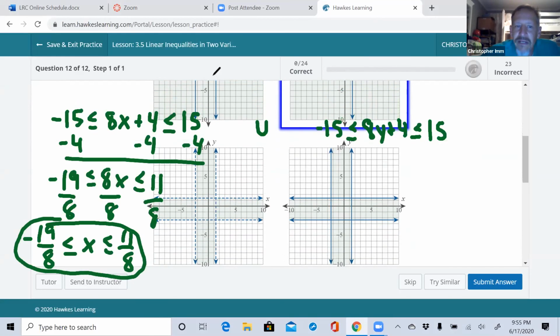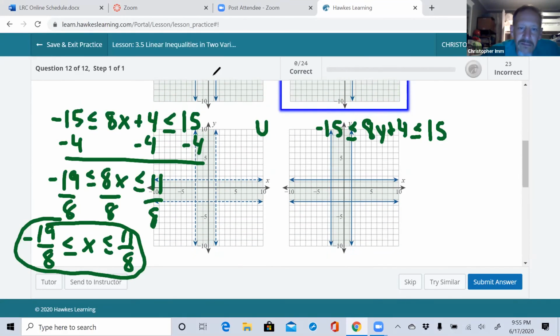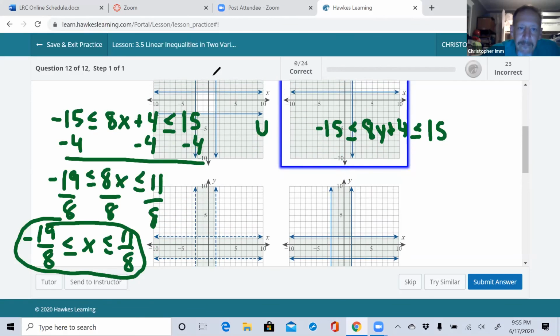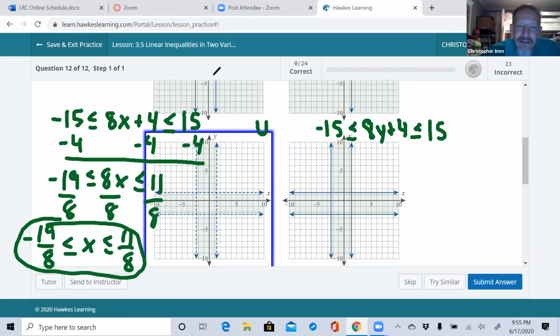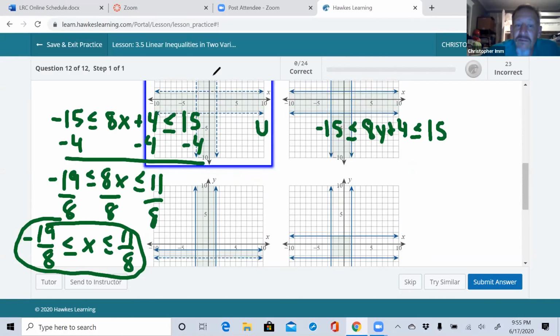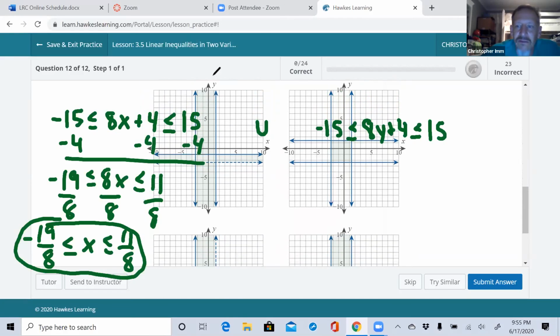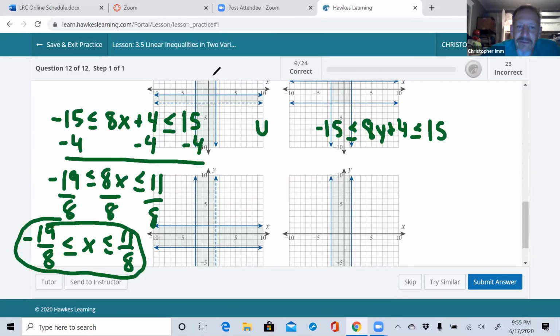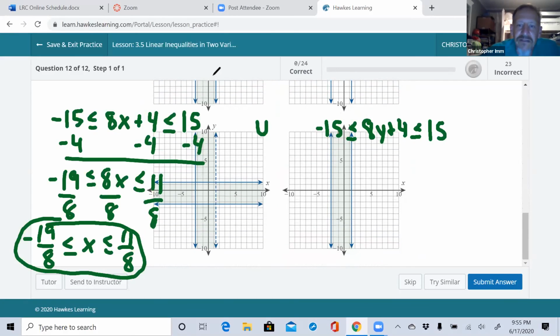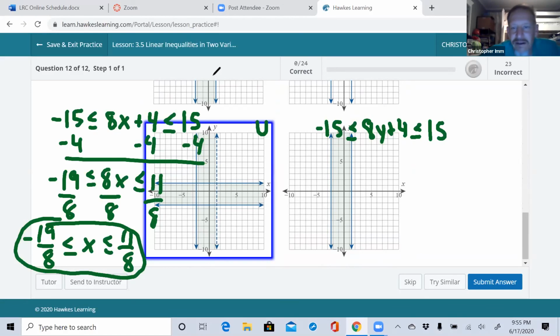The other ones are all fair game. Oh, well, not really. This one has a dashed line, so that one can be eliminated too. Oh, there's more, sorry. There's lots more. So we can't really eliminate a lot, but we can eliminate this one too because there's a dash there. Okay, so now let's go ahead and get that second one.